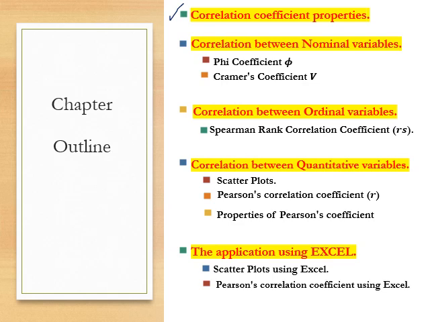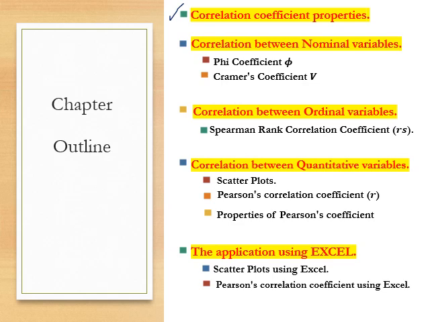In general, correlation measures the direction and the strength of relation between two variables, say x and y. The sign of the correlation coefficient determines the direction of the relationship, whether direct or indirect.